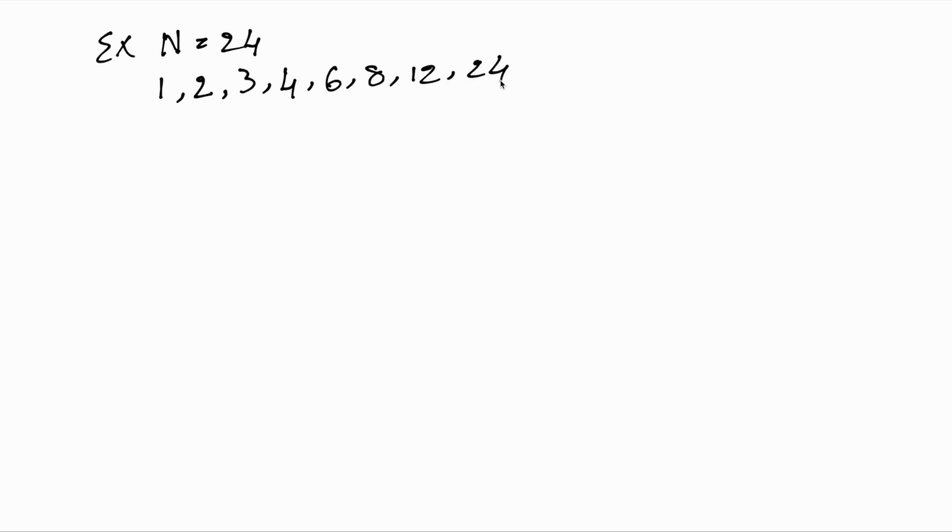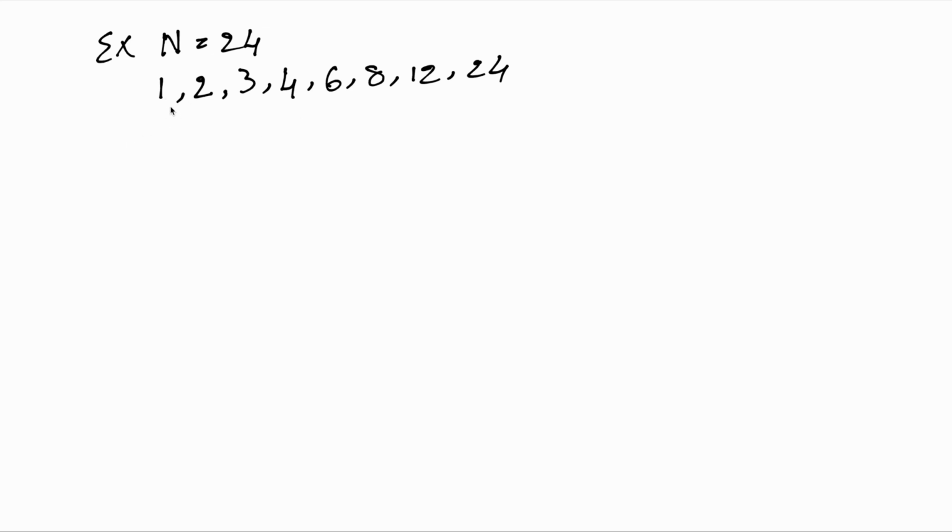Let's take another example, number 24. For 24, the factors are 1, 2, 3, 4, 6, 8, 12, and 24. These are the factors of this number.